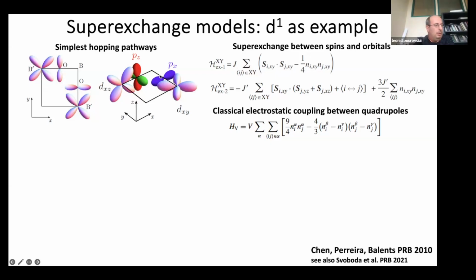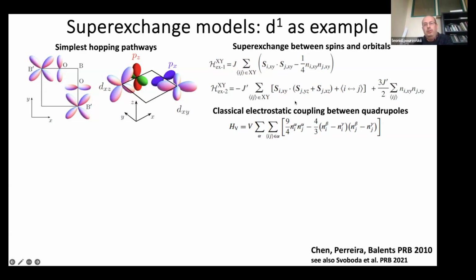A similar treatment can be applied when we want to consider coupling between two orbitals which are orthogonal. In this case, coupling between spins is ferro and between orbitals is antiferro. This kind of treatment was applied in the rather famous work of Chen, Pereira and Balents.